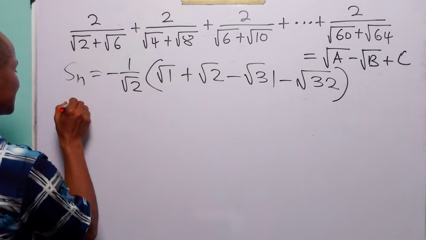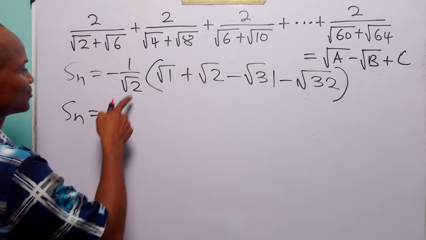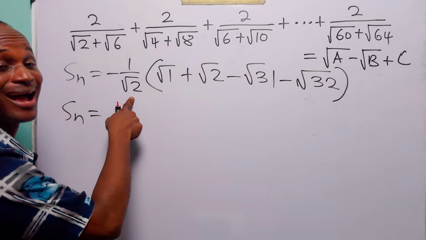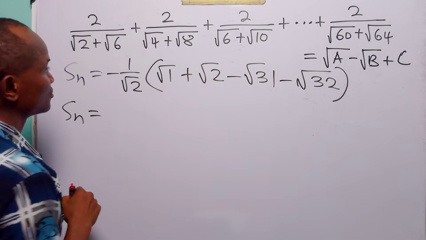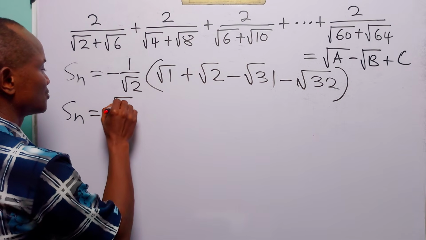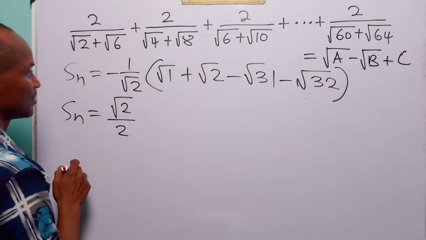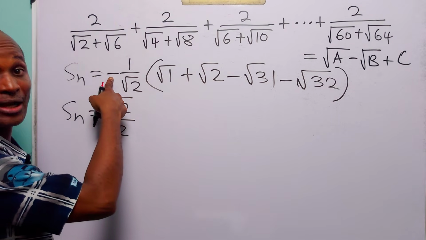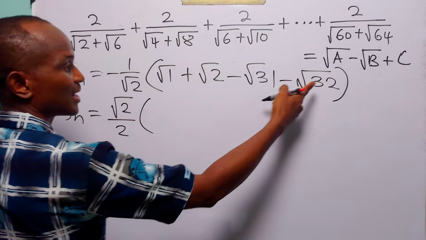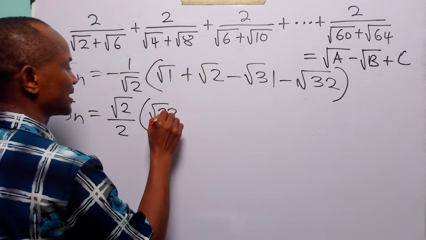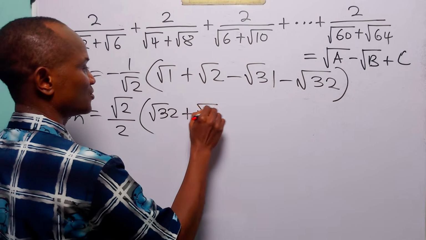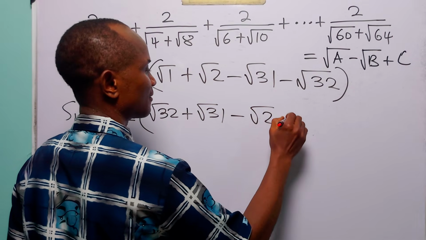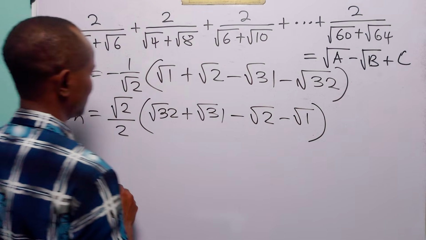Now from here we have that the sum Sn is equal to, let us rationalize this by multiplying both the numerator and the denominator by root 2. So we have root 2 over 2. Now let us multiply everything we have inside this bracket by minus 1. When we do that, we have root 32 plus root 31 minus root 2 minus root 1.